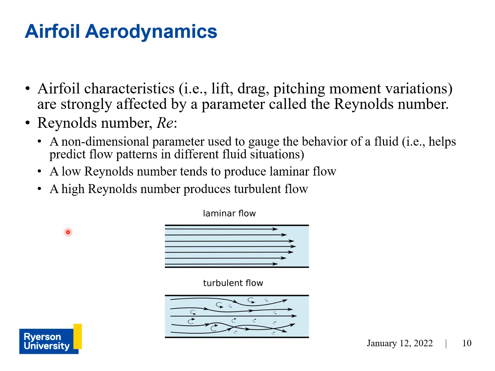Now, typical aircraft wings operate at a Reynolds number of about 1 to 10 million. So there's a large variation in the Reynolds number, but they're important to understand because they affect how an airfoil behaves.